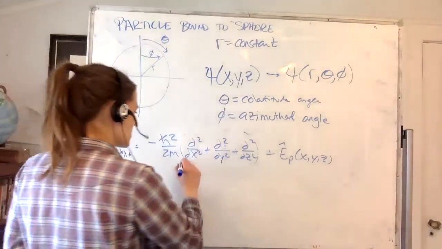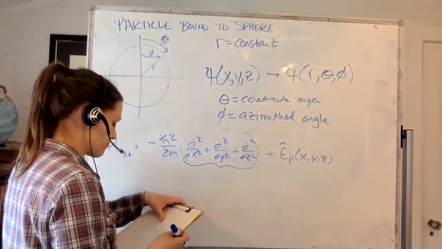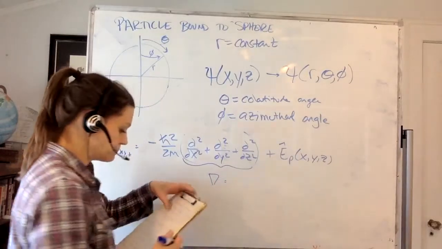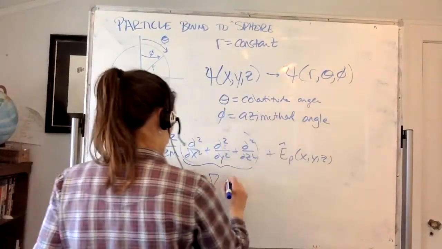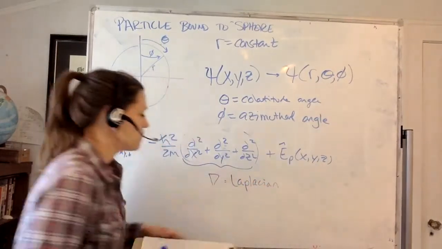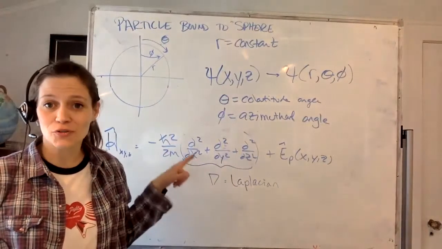We call this del, but it's also known as the Laplacian. And this is what we're going to have to convert to spherical coordinates.